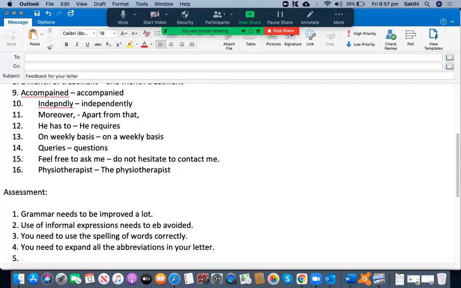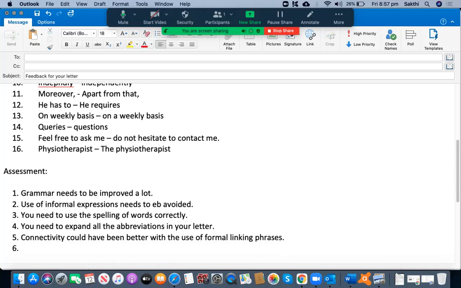All right. Connectivity could have been better with the use of formal linking phrases. It's important that you use formal linking phrases instead of the informal ones.